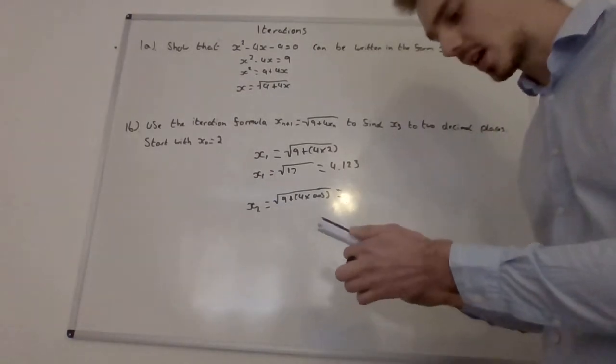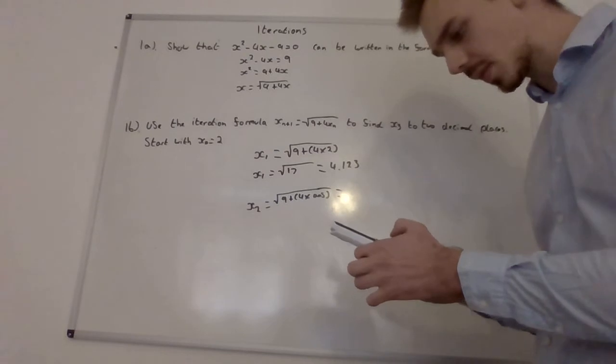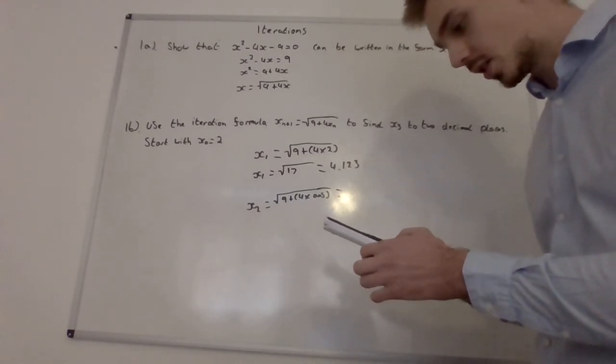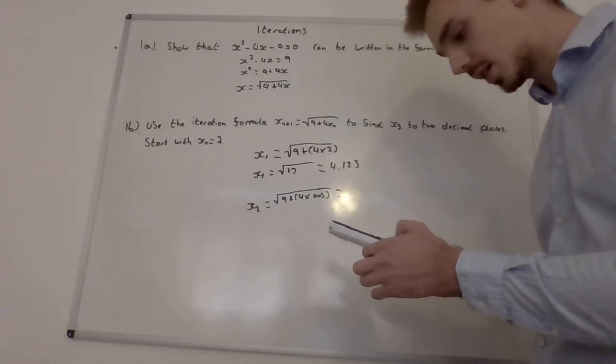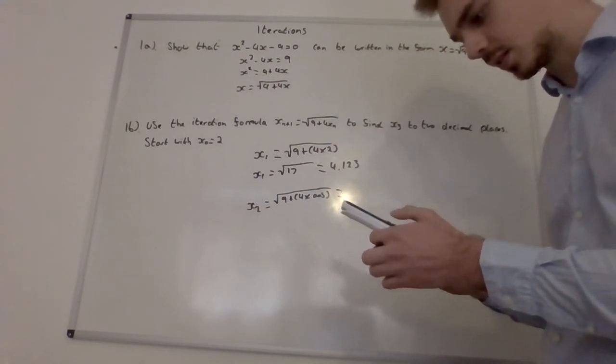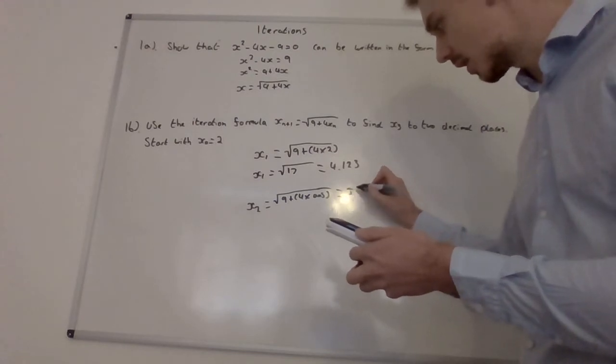So on my calculator: square root of 9 plus, open brackets, 4 times shift answer, close brackets.